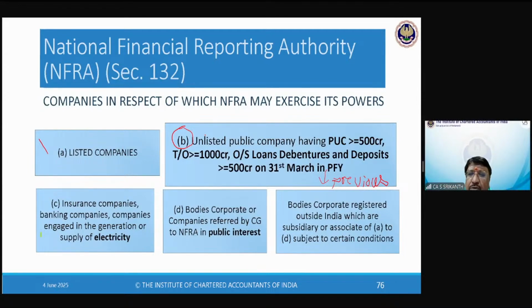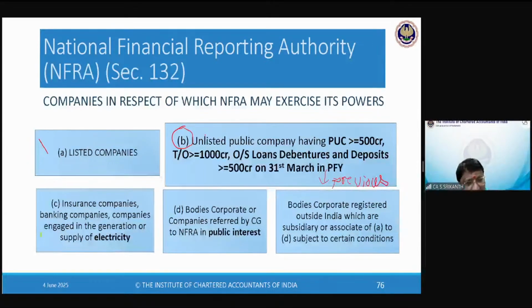Bodies corporate registered outside India, which are subsidiary or associate of A to D, subject to certain conditions. What they are, in the next slide we'll see. So, normally, Indian authorities cannot have extraterritorial jurisdiction. Normally, NFRA, being an Indian government body, cannot have jurisdiction over a body corporate registered outside India.